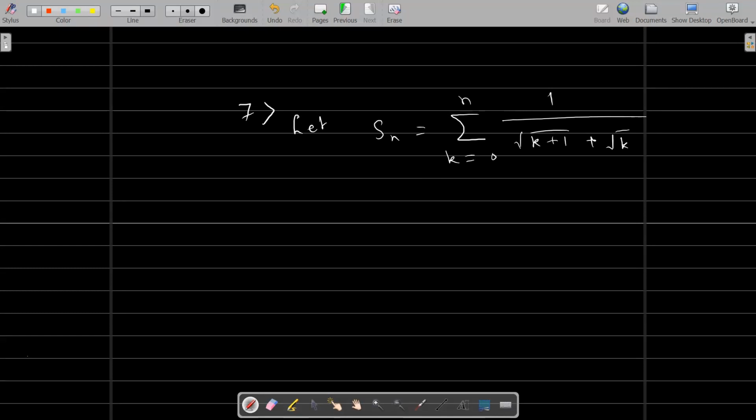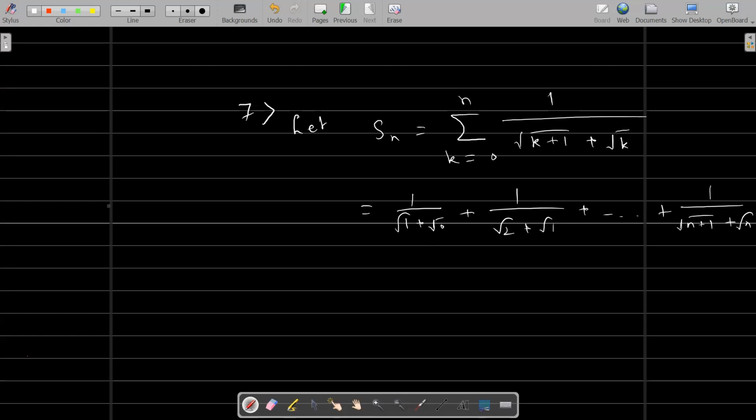So what's the meaning of this sigma notation? I put k equal to 0, so 1 by root 1 plus root 0, plus I put next k equal to 1, and that gives me 1 by root 2 plus root 1, and so on, up to lastly I put k equal to n, 1 by root n plus 1 plus root n. All of you agree? So is the notation clear?